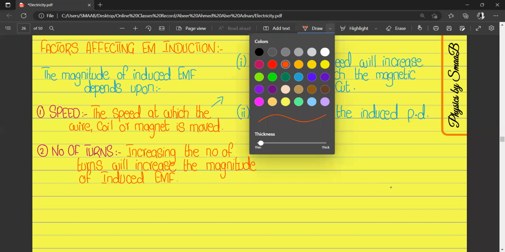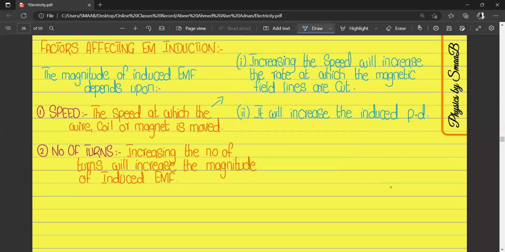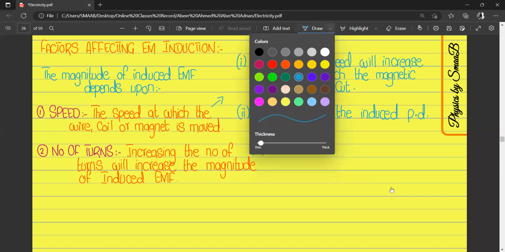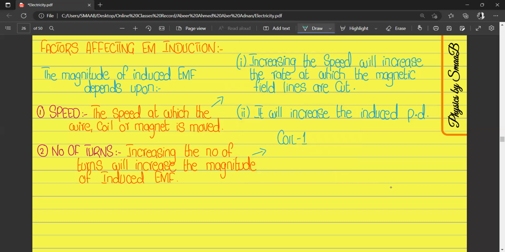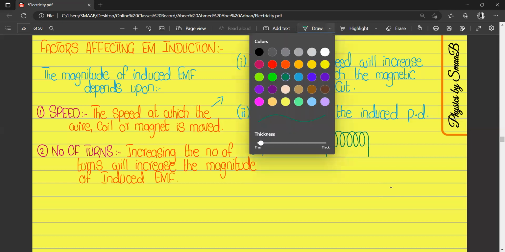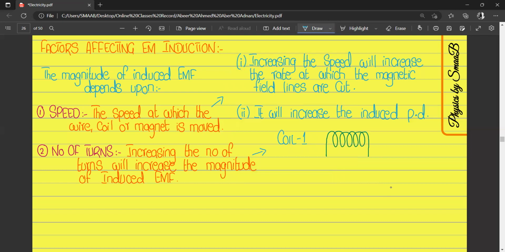Or let's suppose if we take the example of two coils. So here's the example of two coils. Let's suppose there is a coil 1 and the number of turns in coil 1 will be like this: 1, 2, 3, 4, 5. So there are 5 turns in coil 1, and if we take the example of coil 2, so there will be greater number of loops: 1, 2, 3, 4, 5, 6, 7.